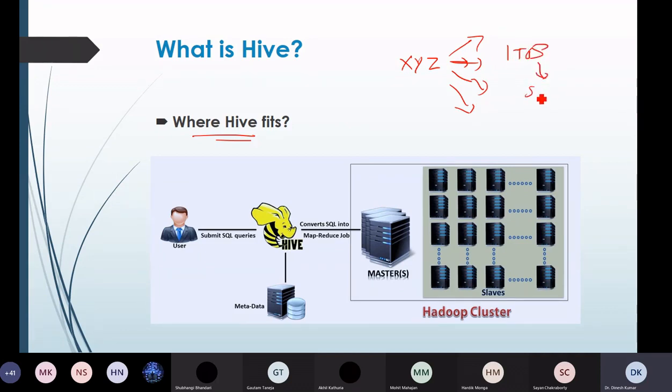So that is a semi-structured or unstructured kind of data, or you have log files, the data which is generated by all these branches of this company XYZ in counting towards 1 TB of size. All the data is generated in the form of a log file. So it's a very, very huge amount of data which is being generated on a daily basis.